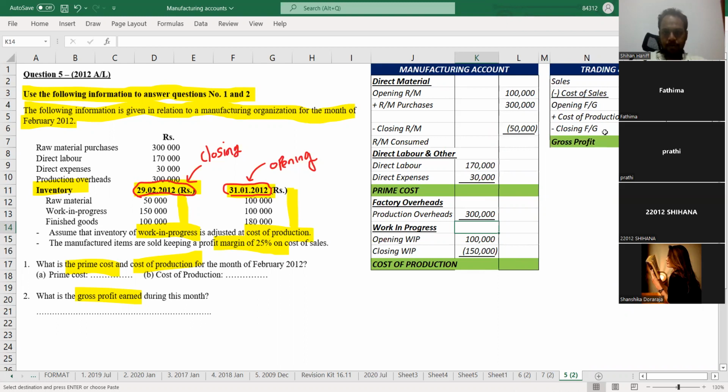Finished goods, opening 180, closing 100.